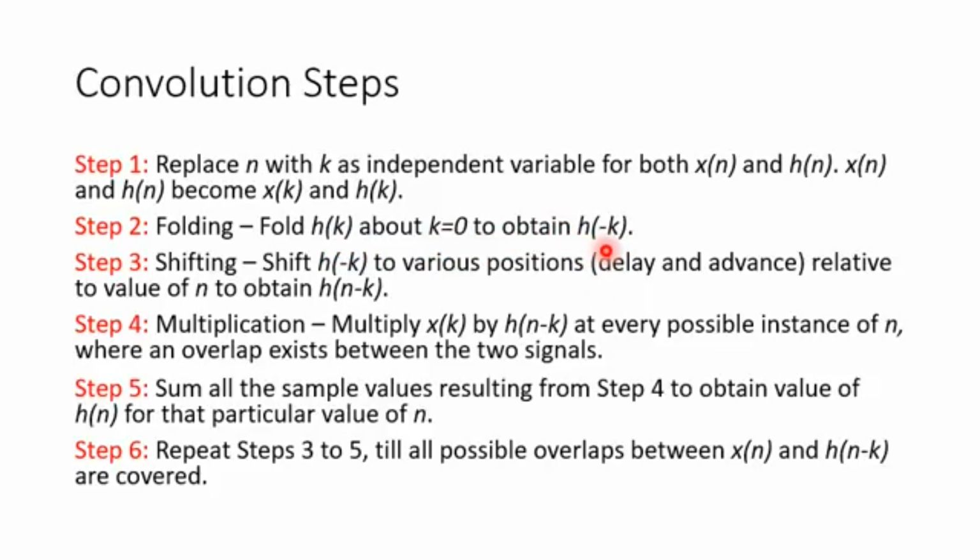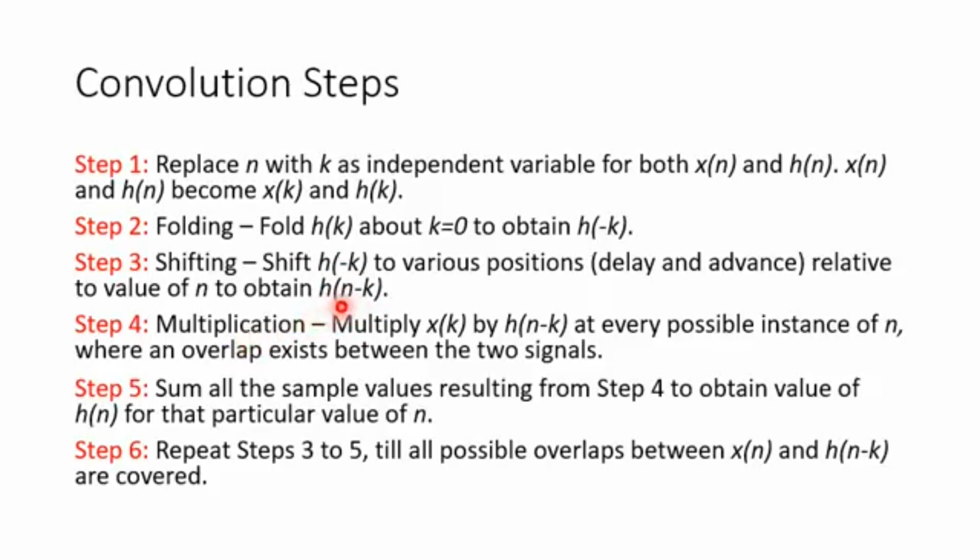Now step 3 is that we start shifting h[-k] to various positions, various shifts, both delay and advance, and we call the shifts n. So we are talking about h[n-k]. I have written it here as n minus k, but for easier understanding you can call it h[-k + n]. This is the third step.